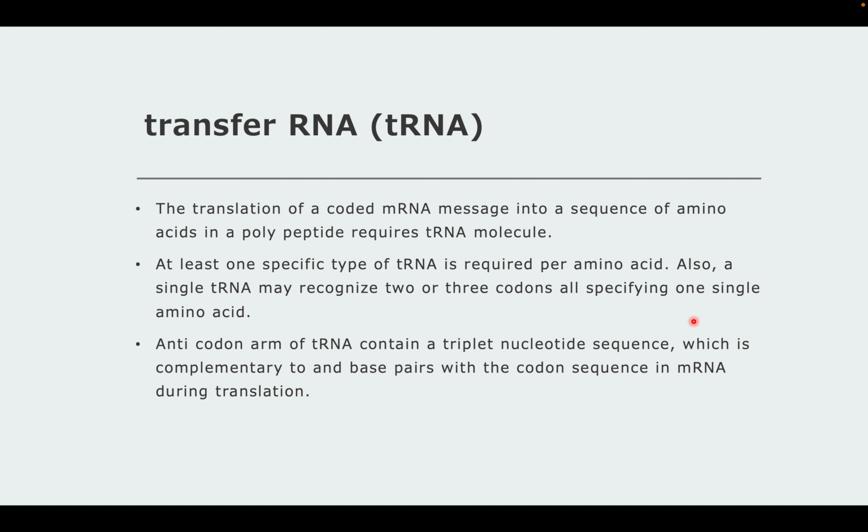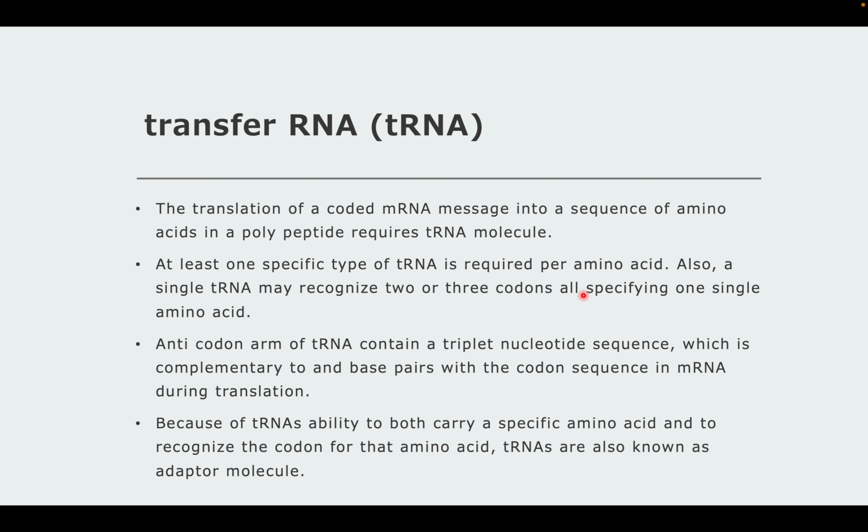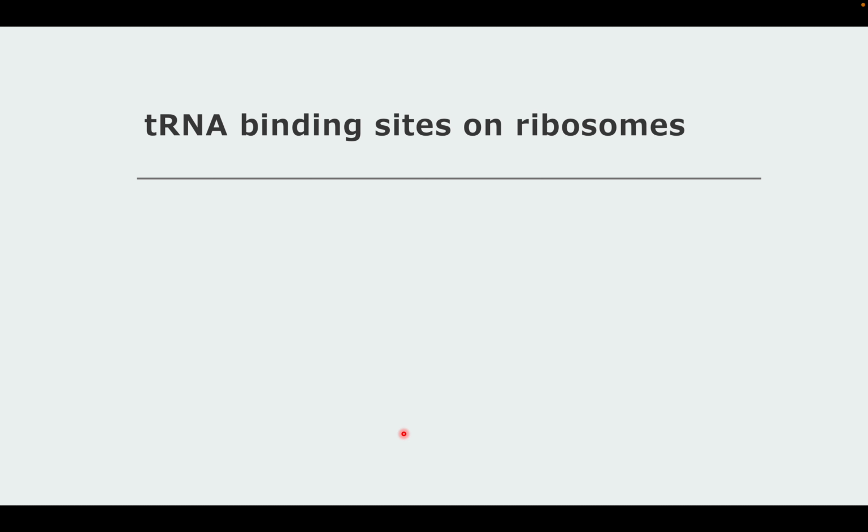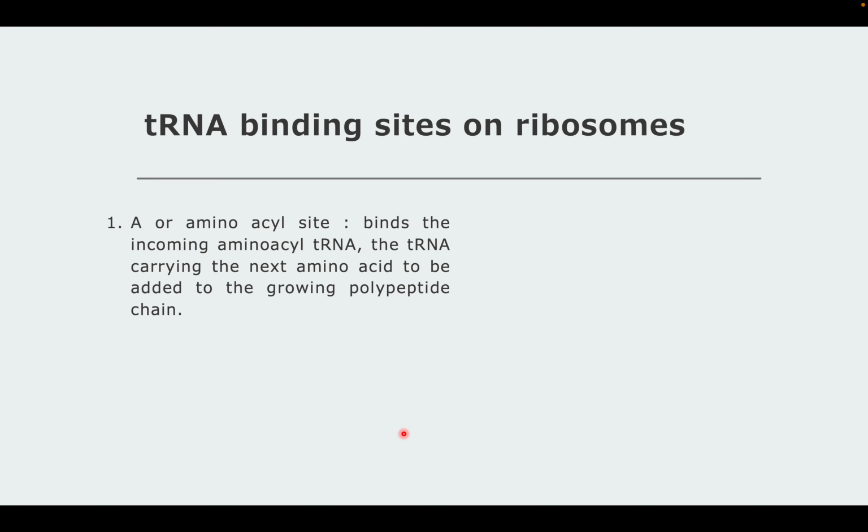If the base pairing is not matching, that tRNA will not bind to that site and will be removed. This is very important for the initiation and continuation of translation, because the base pairing between the tRNA and mRNA has to be there. And because it carries the amino acid and also recognizes the code, it is also known as an adapter molecule.